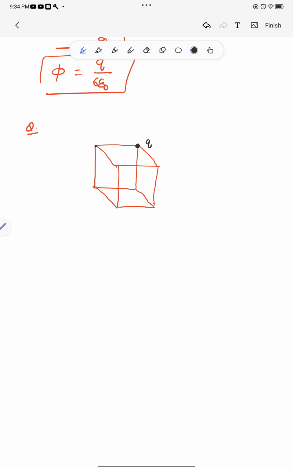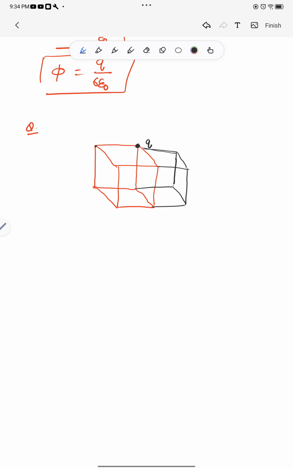So how will we draw the imaginary surface? It will be like this. If this is the cube, we can just extend another cube. We will put another cube here, like this, and another cube like this.